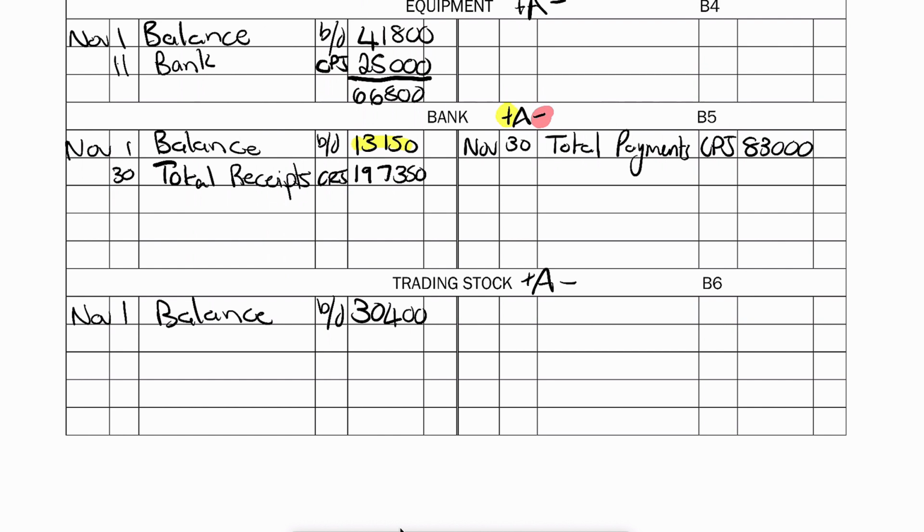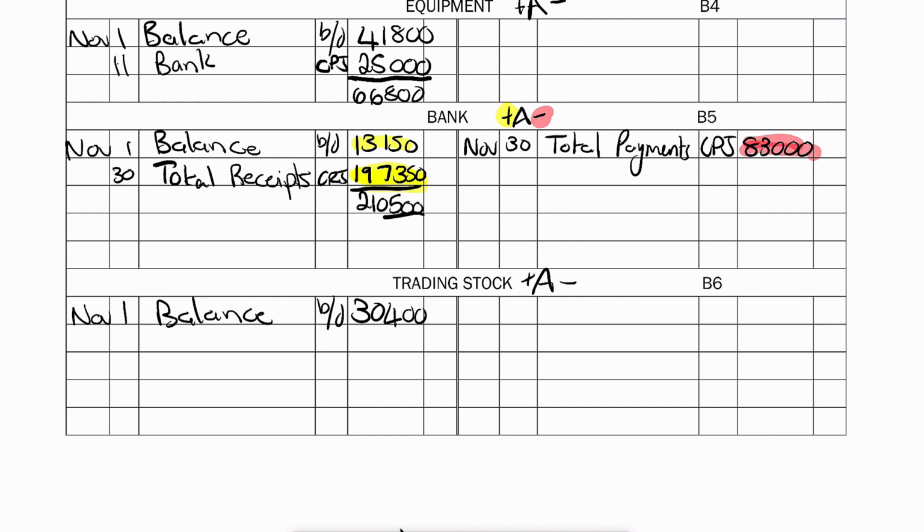In order to do so, we need to look at the money that we have received and the money that we have paid. Now, assuming we didn't have any expenses, we look at what is bigger. Now, the bigger side here would be our debit side. If we add up our balance of 13,150 and our total receipts of 197,350, we would have 210,500 Rand.